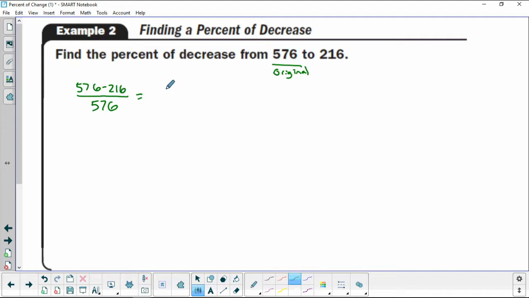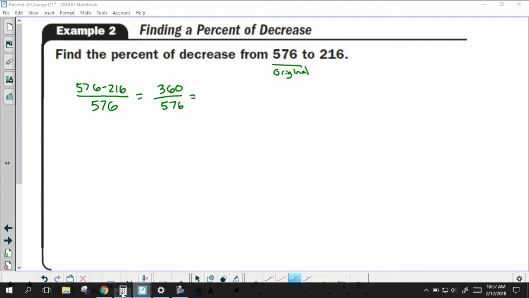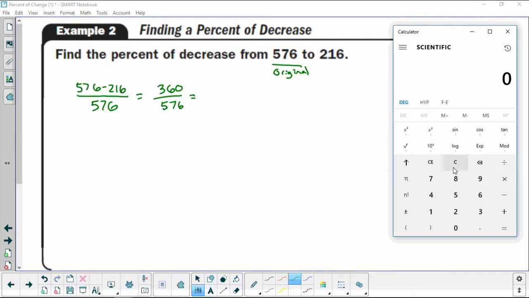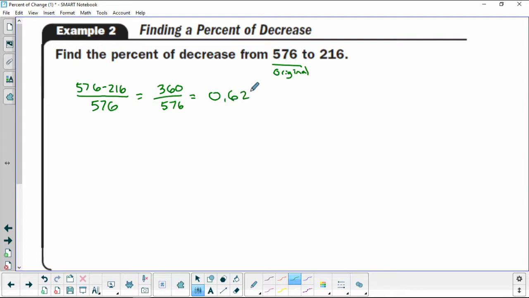So, you got 360 over 576. And then, here comes the calculator. 360 divided by 576 is 0.625, which is 62.5%.